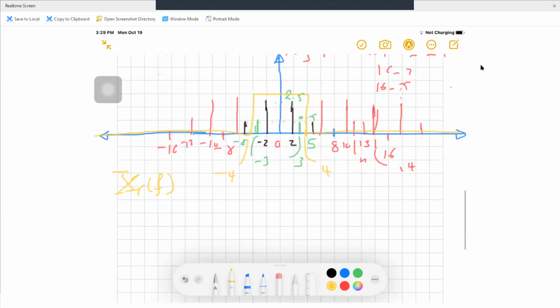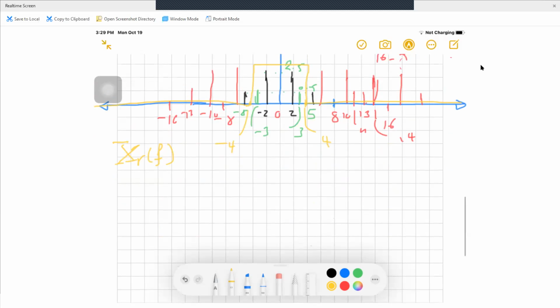Going back now to the xr of f, we are going to plot xr of f, with f in kilohertz. What will be the output at 2? Well, 2.5. Sorry, let me clarify.